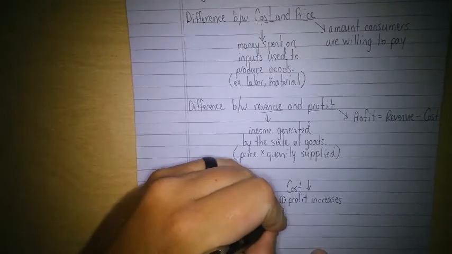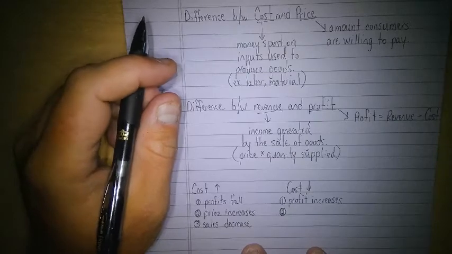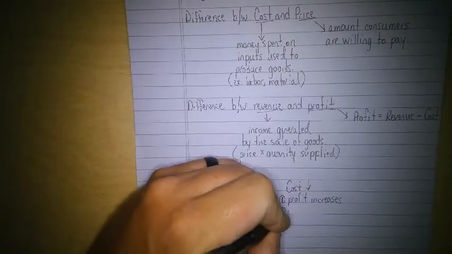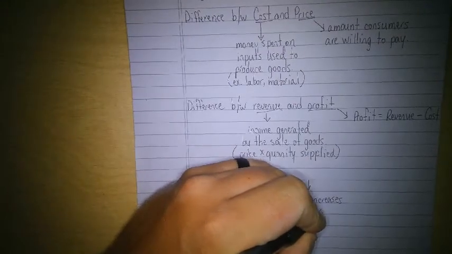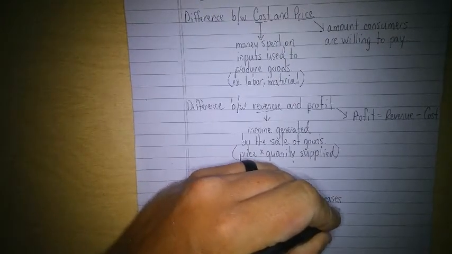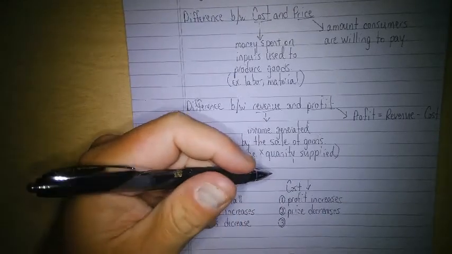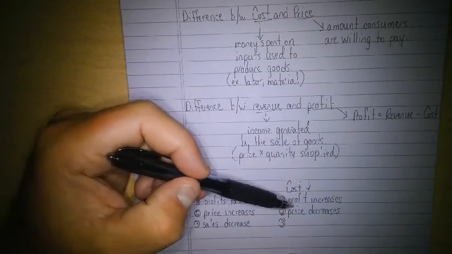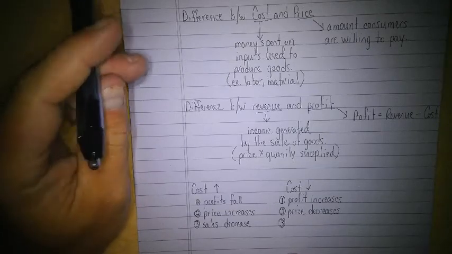Since my profit is increasing, what do you think is going to happen to the price of a good or service? What can I do? I can lower it so the prices decrease. And of course, if prices go down, am I going to sell more or less of the product?